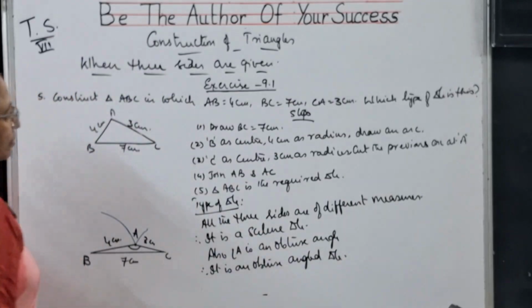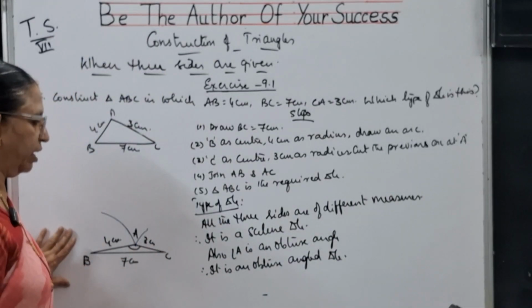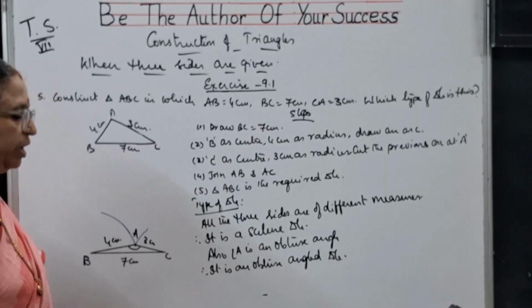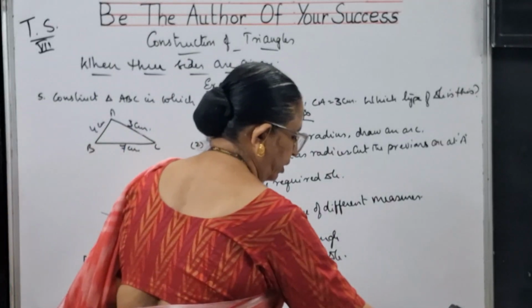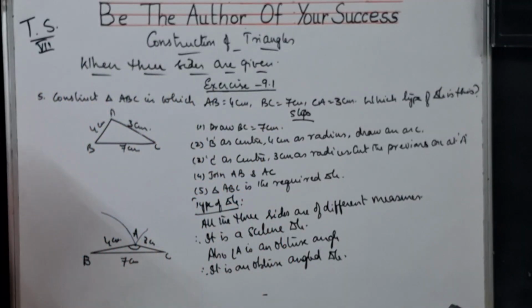So basing on the sides, it is a scalene triangle. Basing on the angles, this is an obtuse angled triangle. So anyway, the name of the triangle, we have done it here, children. Please note it down. This is fifth one.